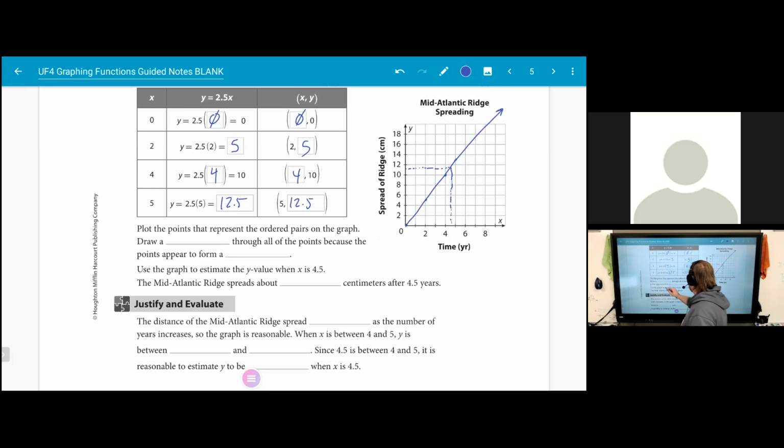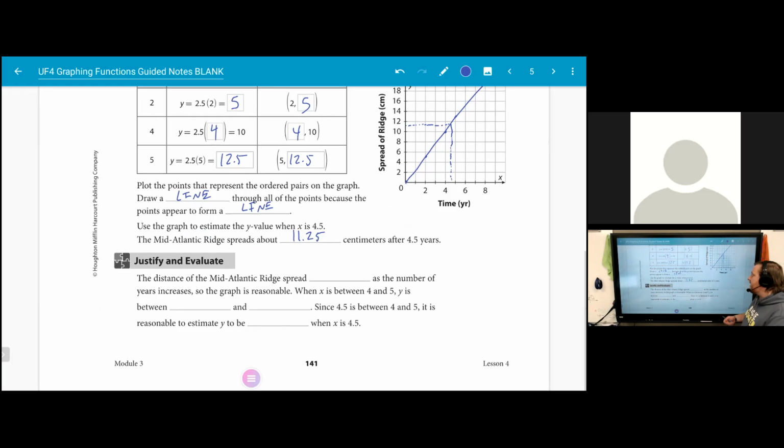All right. So we drew the line through the points. This is a situation that is continuous. We can do that through all the points because the points appear to form a line. And so what we did is we estimated the line spreads about 11.25 centimeters after 4.5 years. Okay. Does it make sense? The distance of 11.25?